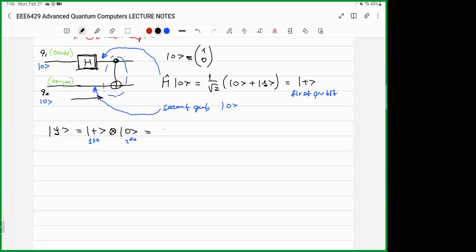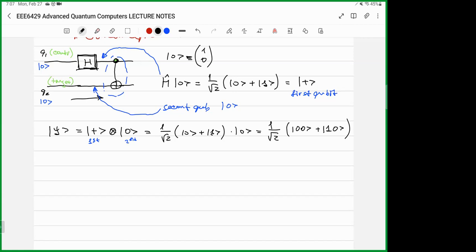So it's equal to 1 over square root of 2 times (0 plus 1), times state 0, because they didn't interact yet. The result is 1 over square root of 2 times (00 plus 10).